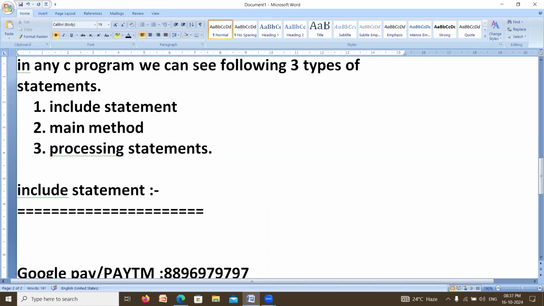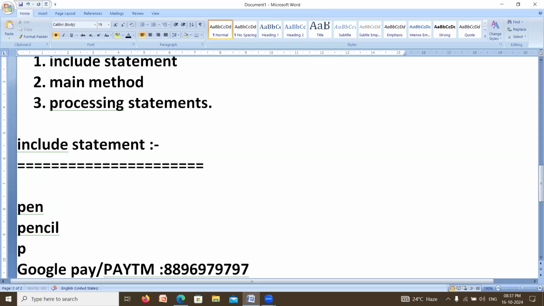Friends, whenever a student is going to write an exam, he will take one pen, one pencil, one pad. All these things he needs.